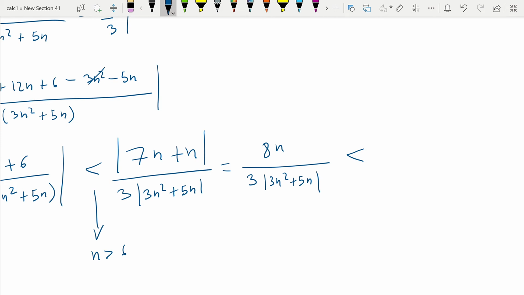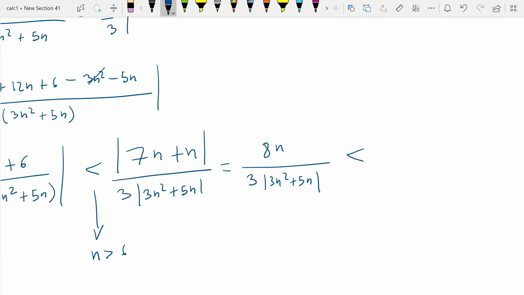Of course, you know the n squared eventually beats n, and we could just replace 3n squared by 3n, but then we would be left with something that doesn't depend on n. Try that and see what I'm trying to say. If you do that, you'll end up with 8n over 3 times, say, 8n, and that would just be 1 over 3.